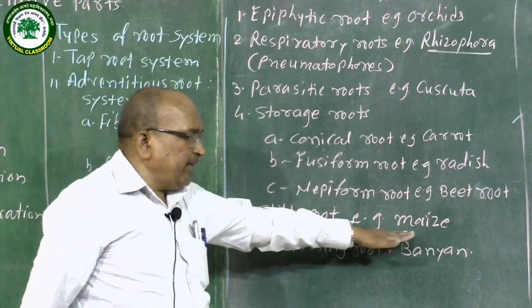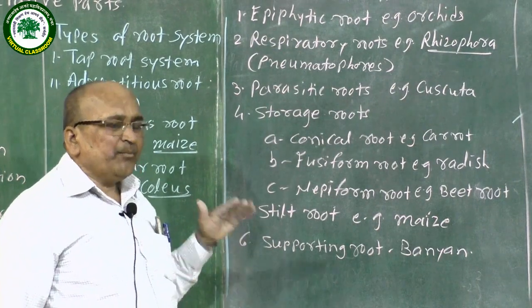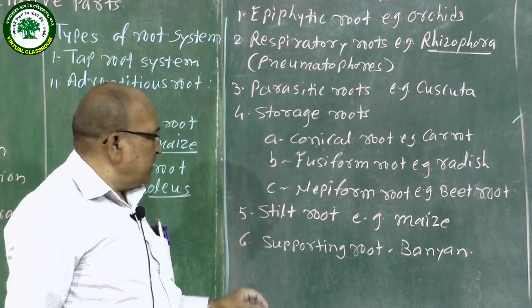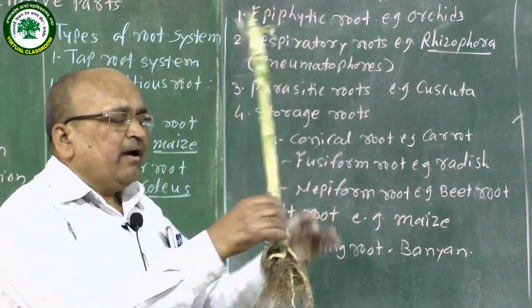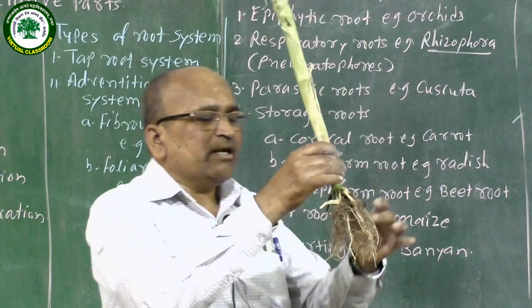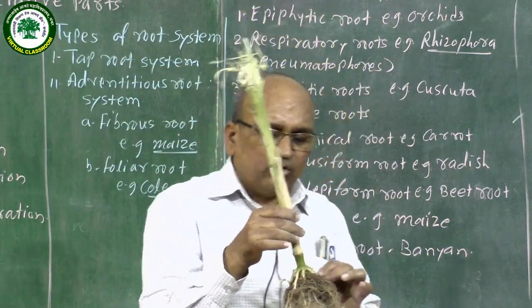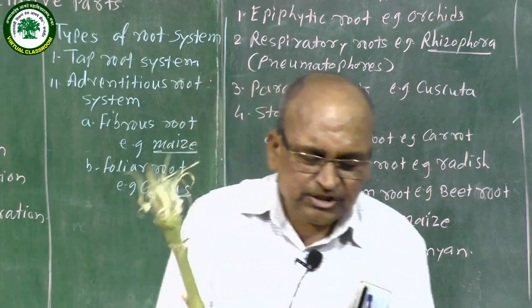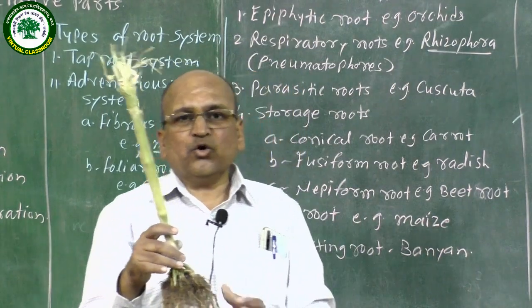Examples are maize, grass, sugarcane, jowar, bajra, and so on. In maize, the root system is the fibrous root system, or the adventitious root system.